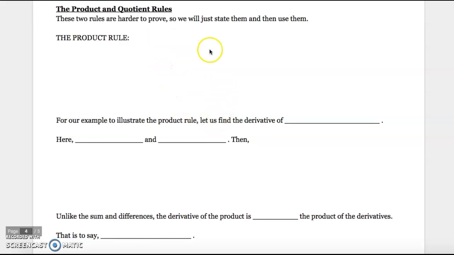I used to give two different forms of this rule, which is why the space is so big, but it doesn't need to be so big. Basically, what happens is if you have two functions being multiplied together, f times g, and you want to take the derivative of them, unfortunately for us, it's not just as simple as finding their derivatives separately and then multiplying them, but you end up with f times g prime, so the derivative of g, plus g times f prime.